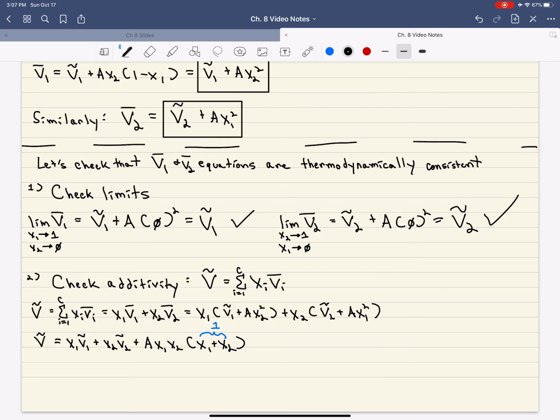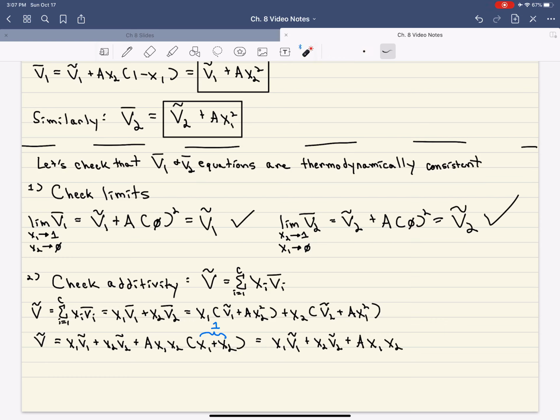And so what we get back is that V molar is just equal to x1 v1 plus x2 v2, which is plus a x1 x2.